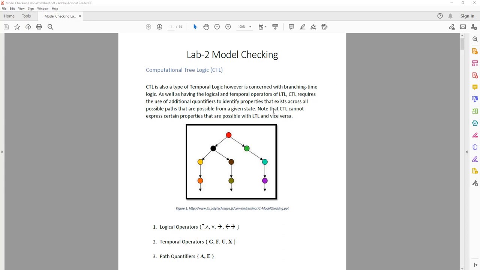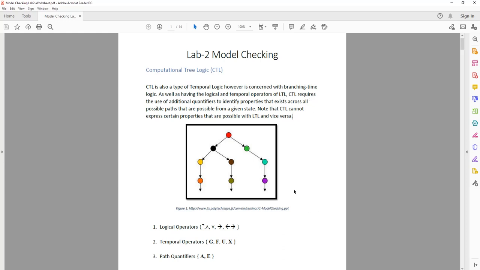As you can see in CTL, like the black node here, we have two possible successors, so two possible paths coming off this black state. These are the quantifiers we need to be able to quantify going down different possible paths. Note that CTL cannot express certain properties that are possible with LTL and vice versa. We'll go into that in part 2.